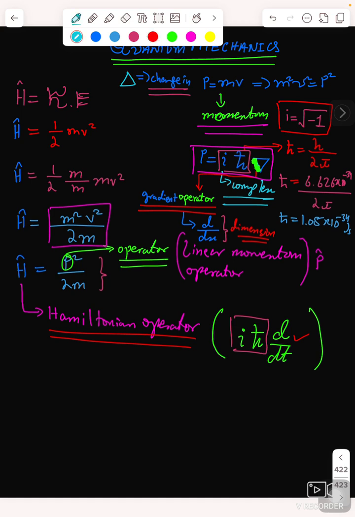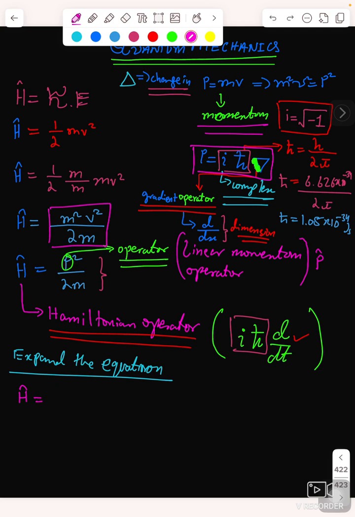So expanding the equation, now that we know about the operators and h bar, let's expand the equation. Now what do we get when we expand the equation? We have the formula, so we can easily do it. The formula is h, and h bar is nothing but p.